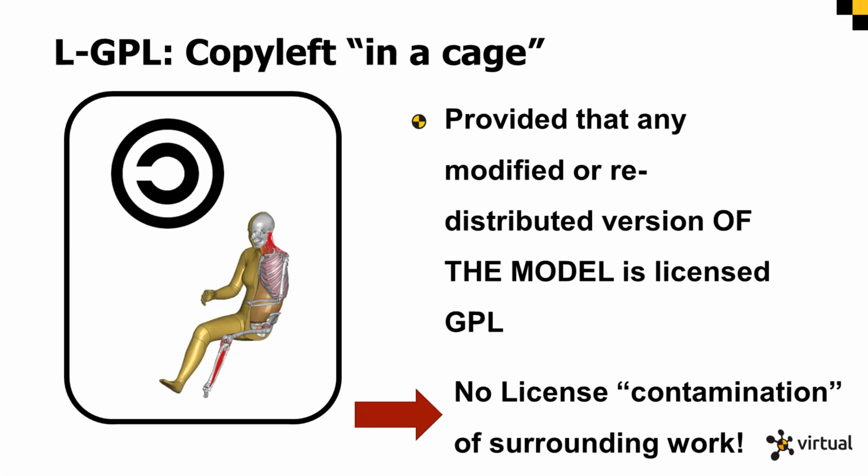Because if you include one line of GPL licensed code into a big amount of surrounding code, that would automatically all be GPL licensed. For the LGPL license, the copyleft is always just concentrated on the actual content.